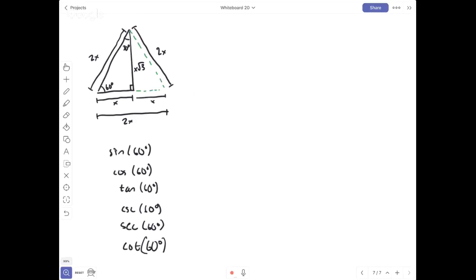Tom, that is a question for next quarter. We can't really seriously answer that question until we get into the unit circle. I have to leave that for now. What we have right now are definitions of the trig ratios for acute angles in right triangles.